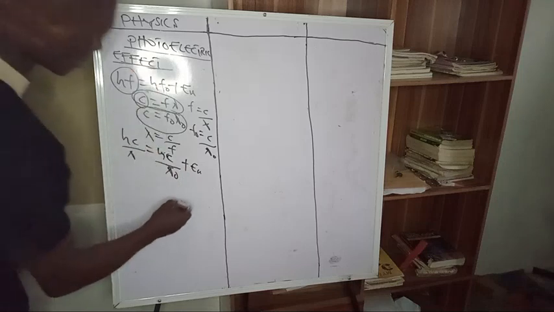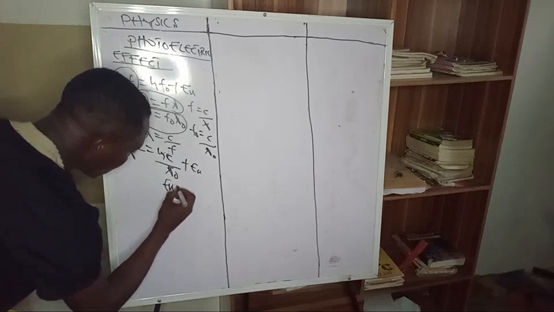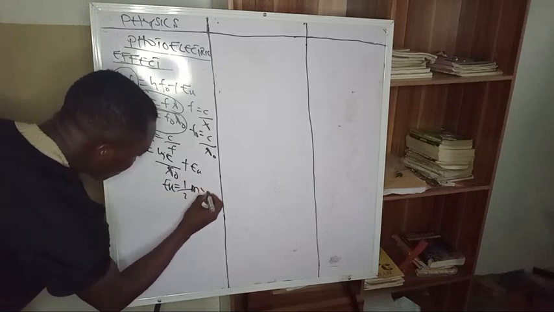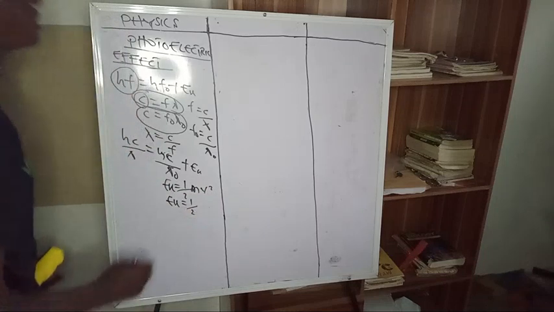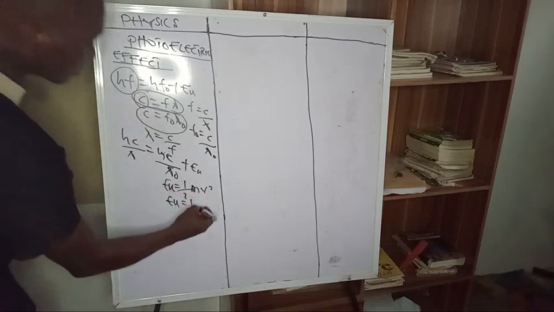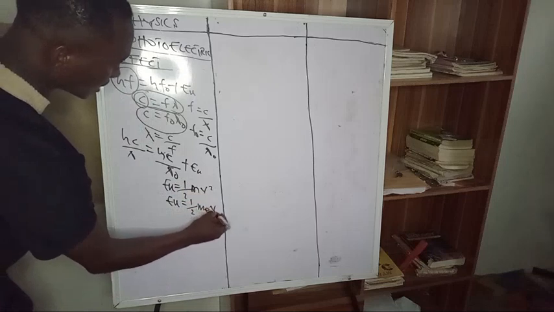If you move on, your kinetic energy in physics is given as Ek = 1/2 mv². And in the previous video, I said that because what you're using is light, the mass becomes the mass of an electron that is ejected from the metal plate.